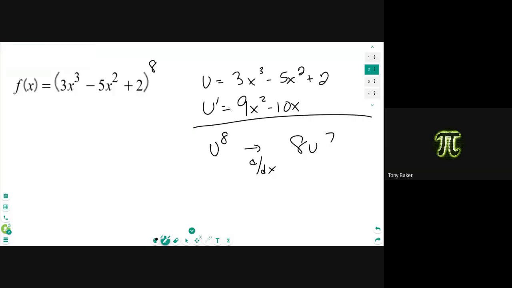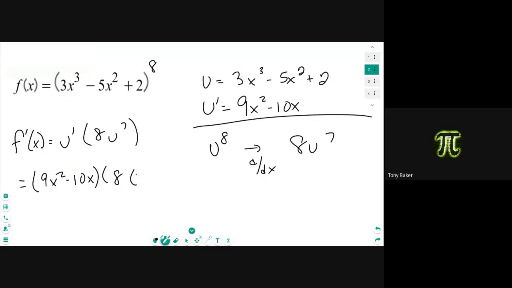Do those two things make sense? Everybody can do those two parts? Now I got to put them together. So it's u prime times 8u to the 7th. So u prime is 9x squared minus 10x times 8, 3x to the 3rd minus 5x squared plus 2 to the 7th.